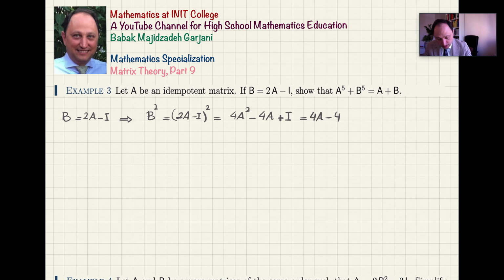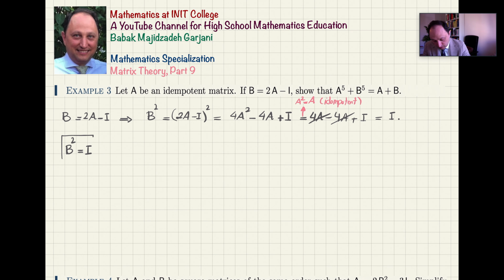So let me write here, because we know that a squared is equal to a, idempotent. Okay, so this means that I can write it in this form, and then it becomes plus I, and as you see, you are completely right. These two are gone. I get b squared is equal to I. So we learned that b squared is I.